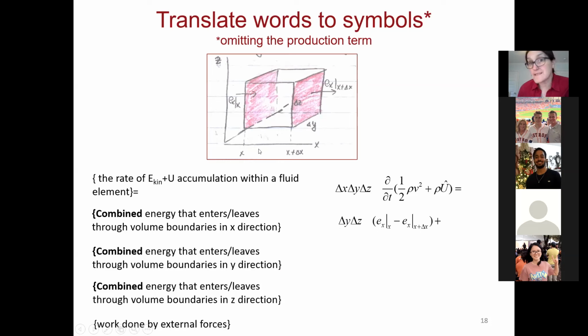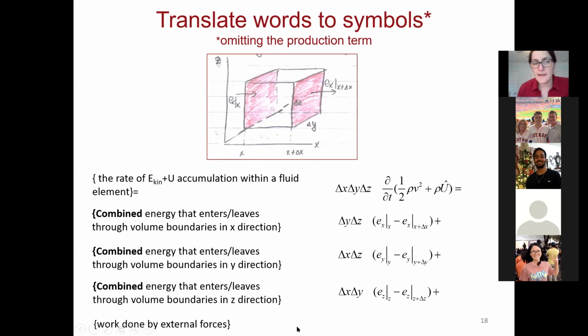Now I repeat similar for my y direction, which is in this direction, and z direction, which is up and down. So that looks like this and that. That is basically my balance of the combined energy flux, which, if you remember, has the convective component in there, it has work of the molecular forces, and it has my standard Fourier's law, what happens if I have heat transfer just due to the temperature gradient.